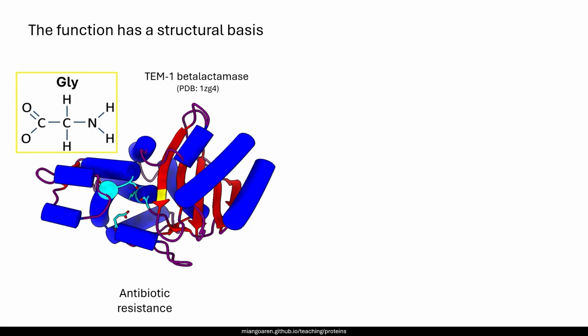Glycine does not have a side chain, a radical group that is very characteristic. Instead, glycine simply has a hydrogen. And despite only having one hydrogen, being so small it is very helpful because it gets little in the way.